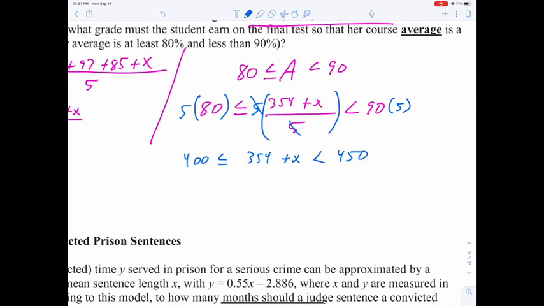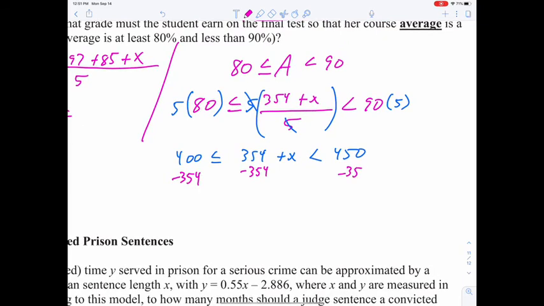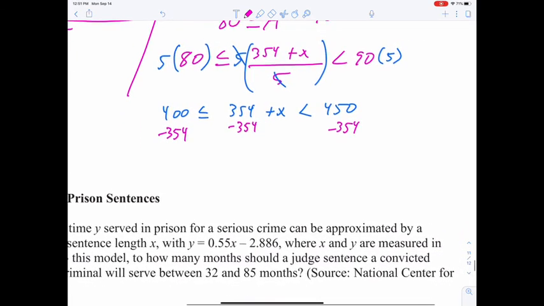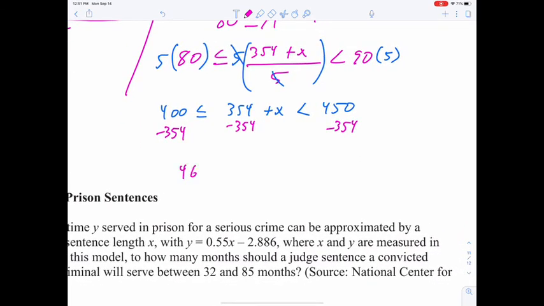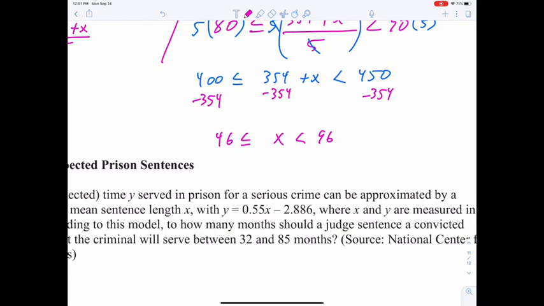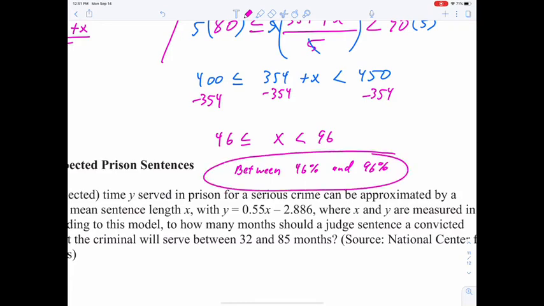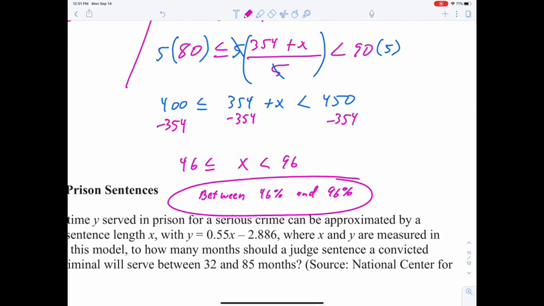Now we're going to subtract 354 from all three parts, right? So this will give us 46 less than or equal to, now x is by itself in the middle, less than 96. So if this student gets anywhere between 46% and 96%, then they will get a B in the class.